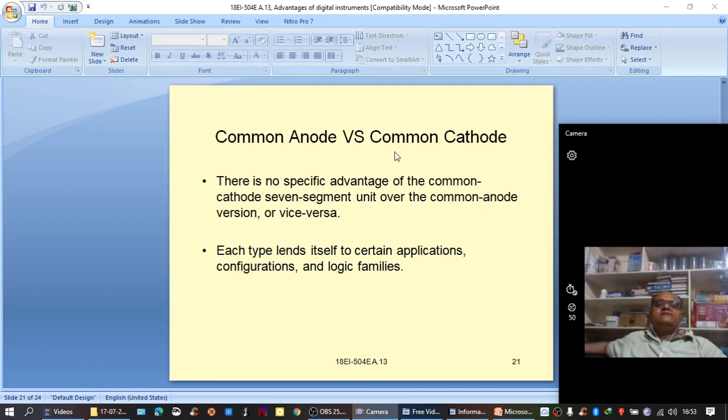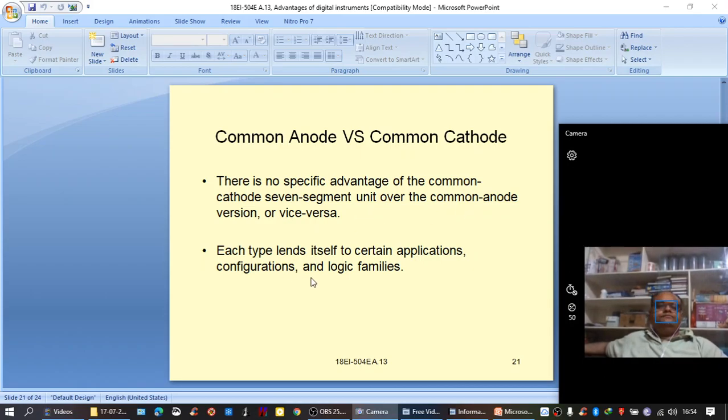Common anode versus common cathode displays. As such, there is no specific advantage of common anode or common cathode 7-segment display over the other, or vice versa.